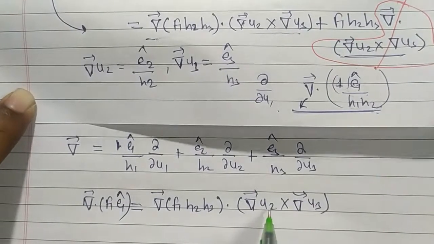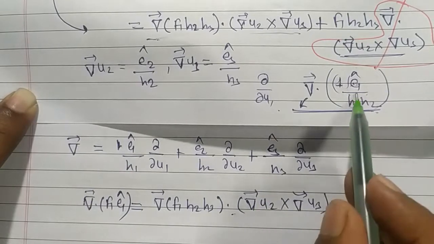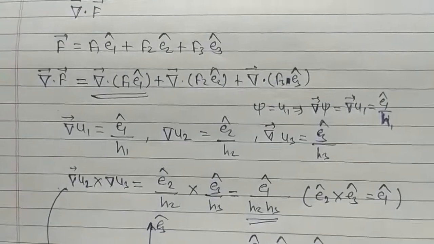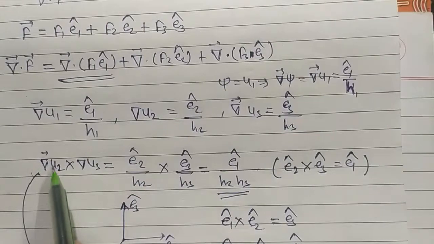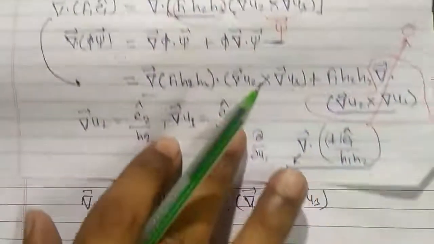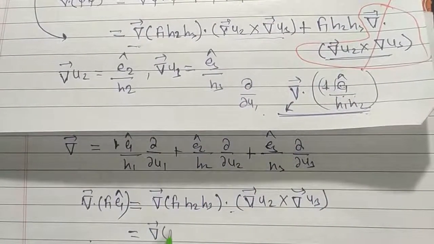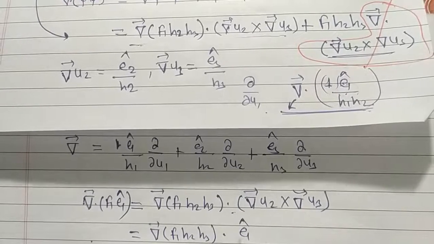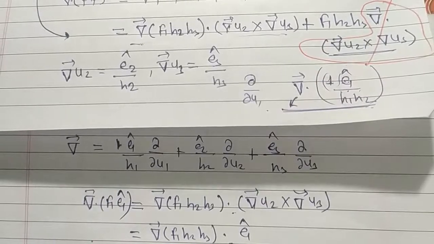Now I know that cross product of this is this much, right? So we have done it here. You can see the cross product of del bar u2 and del bar u3 is e1 cap upon h2 h3. So I can write it here, del bar f1 h2 h3 dot e1 cap upon h2 h3.